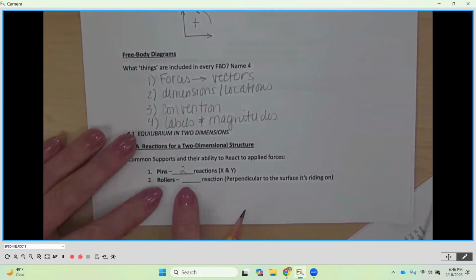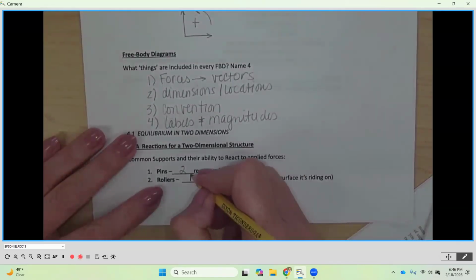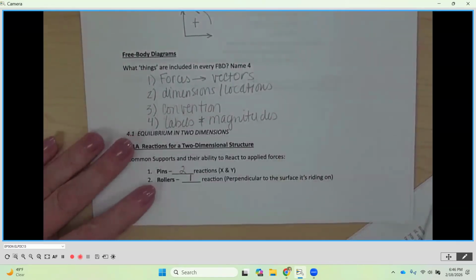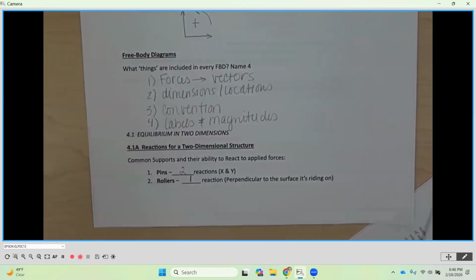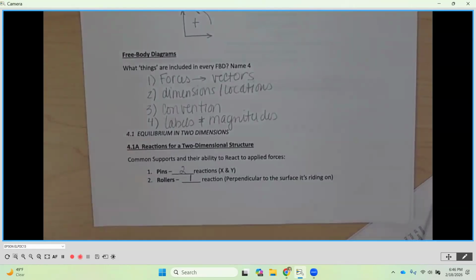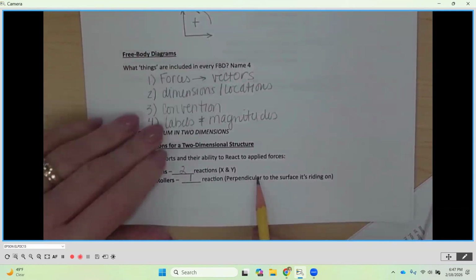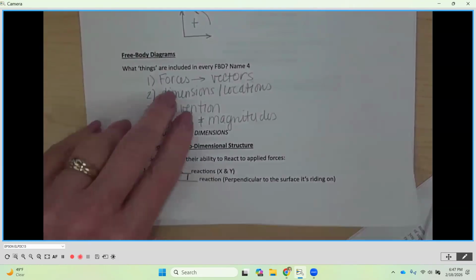Rollers are going to be one reaction, and it is always going to be perpendicular to the surface that it's riding on. If that surface is horizontal or vertical, easy. But if the surface is at an angle, it's going to be perpendicular to that angle. So then we're probably dealing with components. So one reaction for a roller.